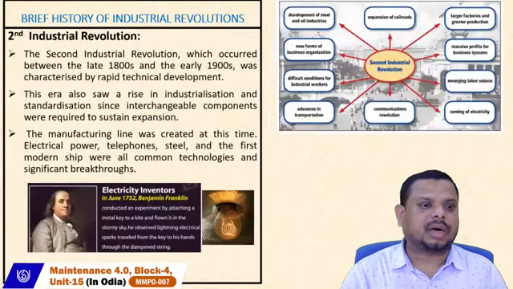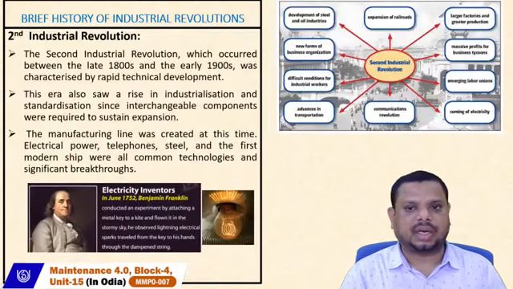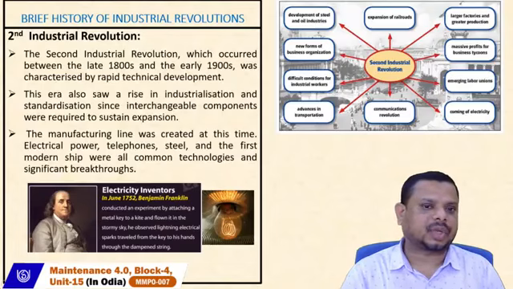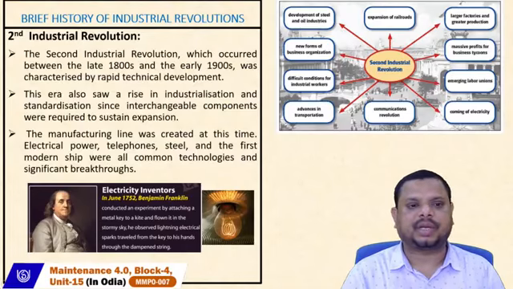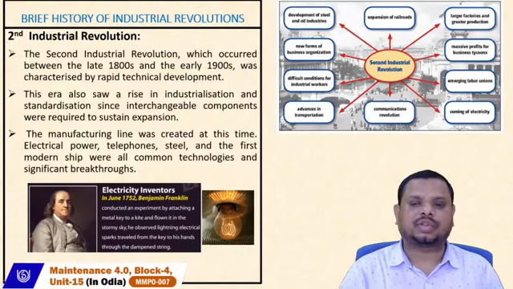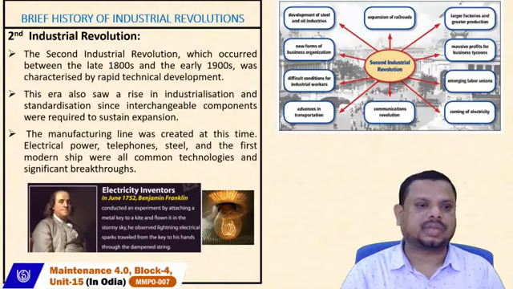Next we will discuss the second phase. The second phase, which occurred between the late 1800s and the early 1900s, was characterized by rapid technological developments. Let's understand what the most famous technologies introduced in this particular phase were.